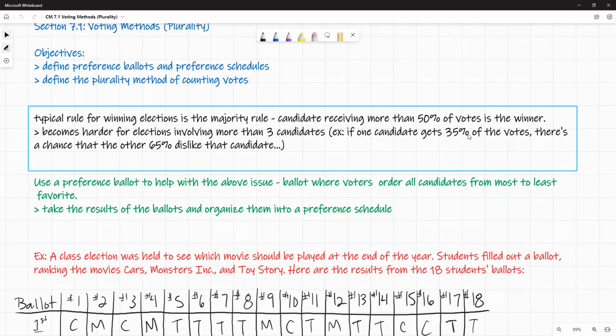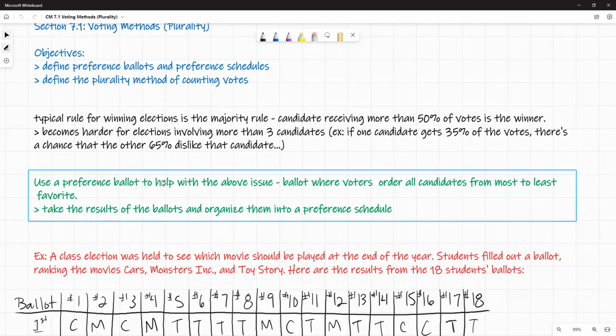Even though that's not a majority, since the majority is harder to get with 3 candidates or more, that's who the winner would be. So you have a winner where 35% of people like them, but 65% dislike them. There have got to be better ways to determine a winner, especially when such a big portion of the population would prefer a different candidate.